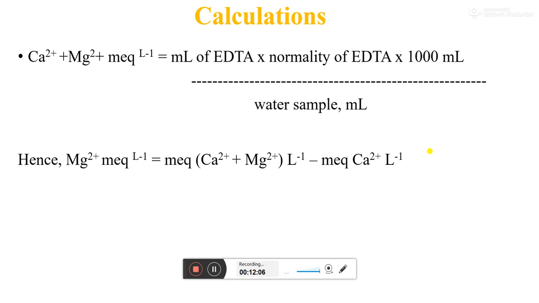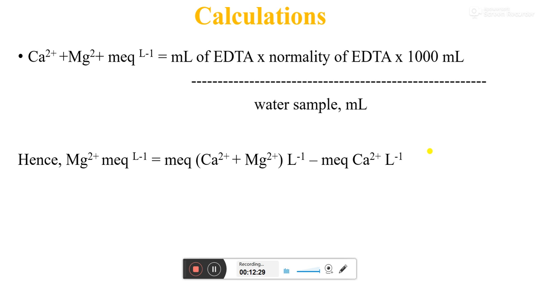Then the calculation part. So calcium plus magnesium. Remember it, while we are considering the determination of calcium and magnesium, those calcium and magnesium we determine from this method. So ml of EDTA, then normality of EDTA, that is 0.01 normal, into 1000 ml upon water sample. We have taken that is 10 ml. Okay.